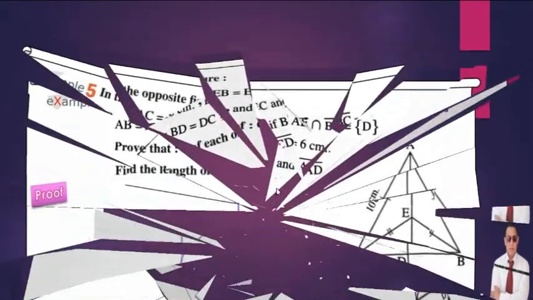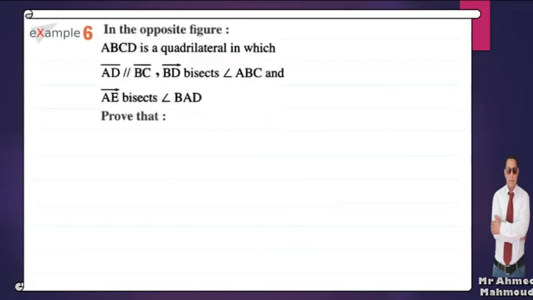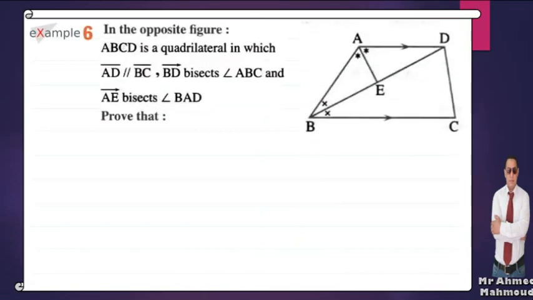Okay, the next one. Example 6 with us. In the opposite figure as we see here, ABCD is a quadrilateral, AD is parallel to BC, BD bisects angle ABC as we see, and AE bisects angle B. First, prove that AB equals AD.